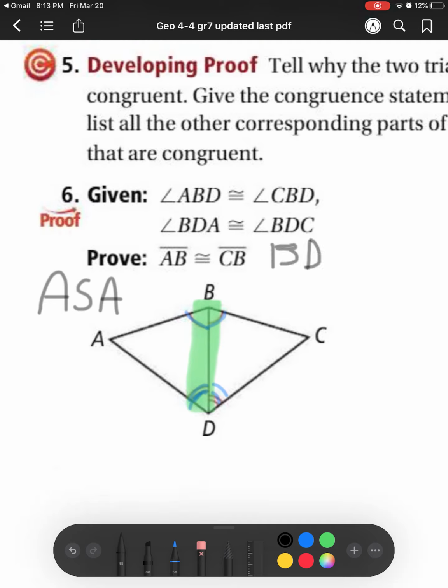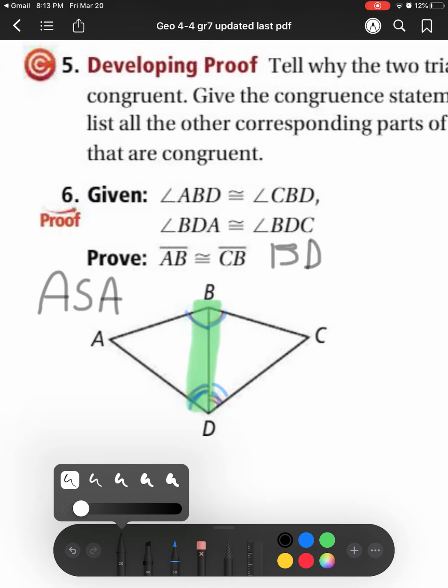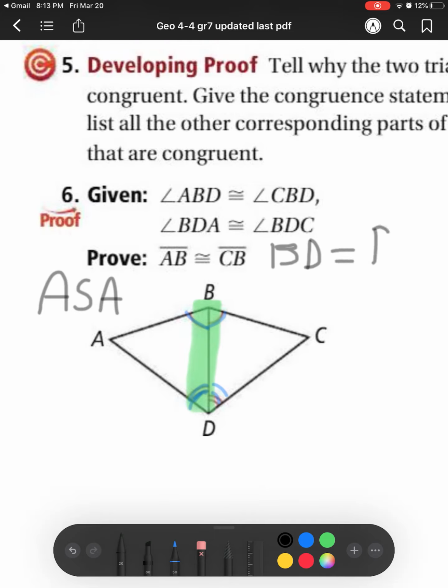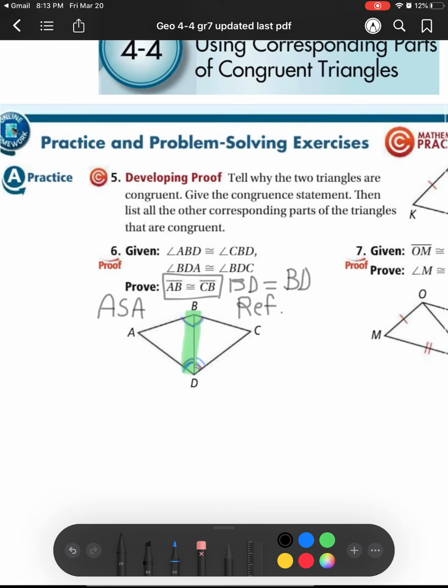BD is equal to BD using the reflexive property. And as a result of this, corresponding parts in congruent triangles are congruent. So AB is congruent to CB.